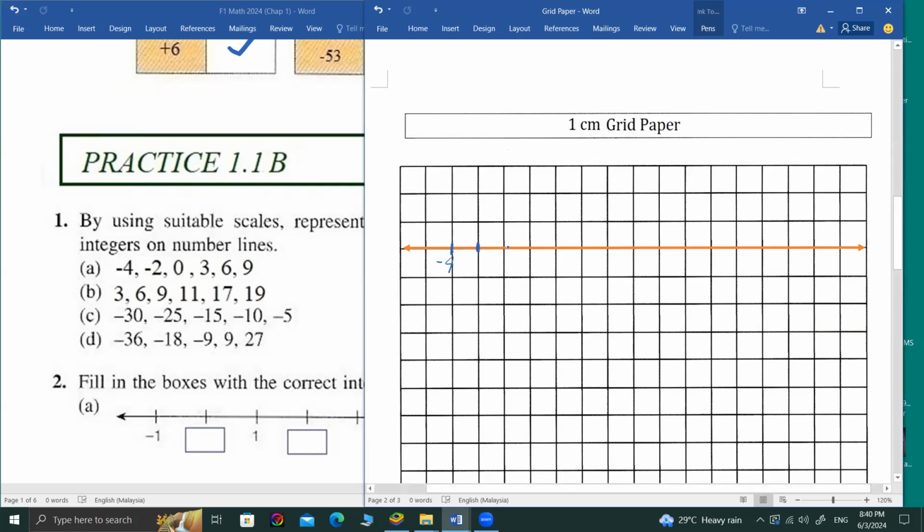Then -2. -1 have or not? Then after -1 is what? 0. Other 0? Yes. 1, 2, 3. See that? 4, 5, 6. See that? 7, 8, 9. Yeah, done.